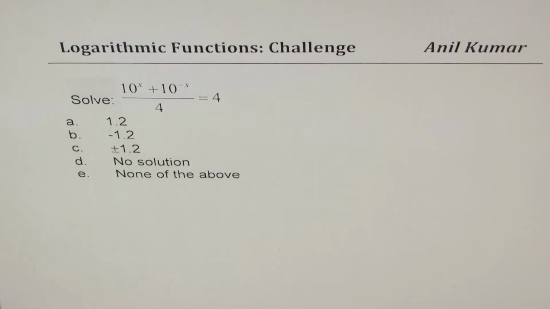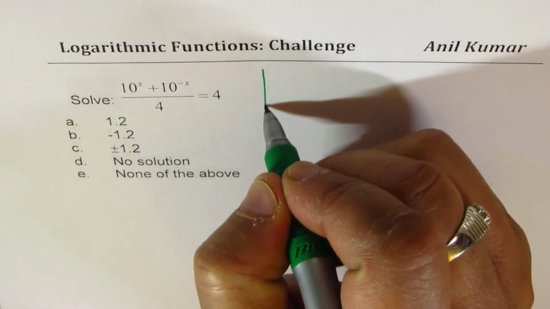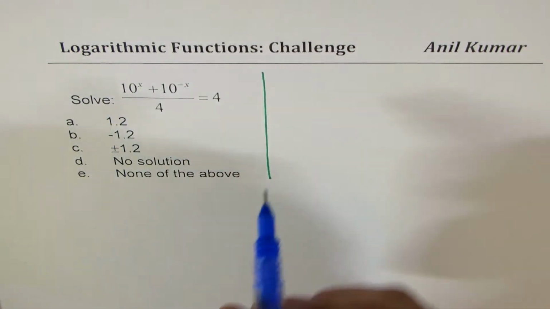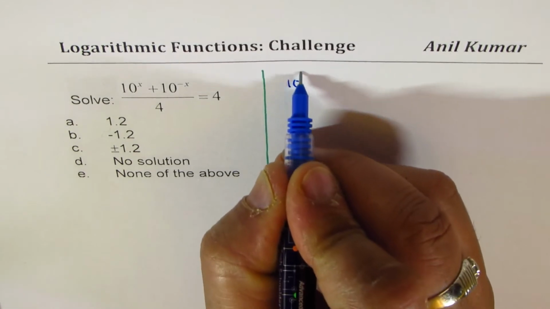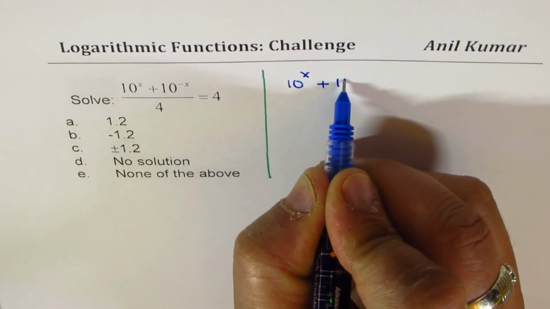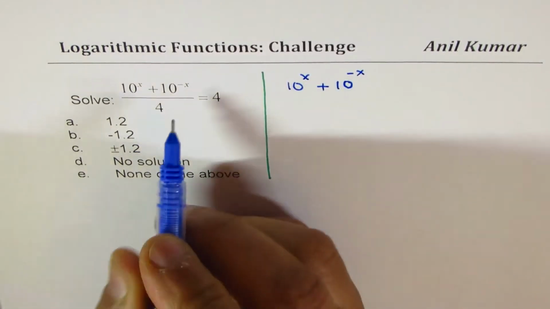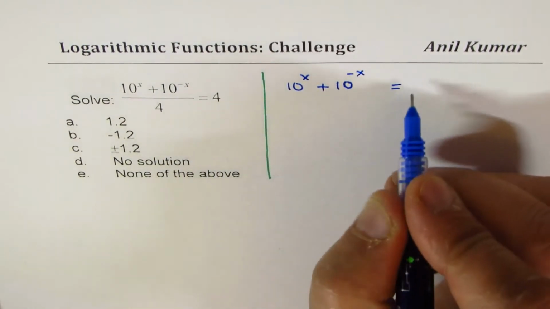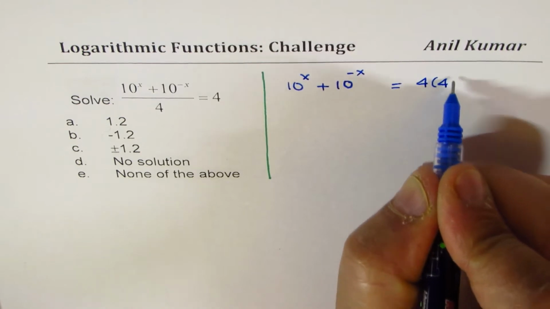First, let us write down this exponential equation in quadratic form. So we have 10 to the power of x plus 10 to the power of minus x. We can cross multiply and write this as 4 times 4, which is 16.